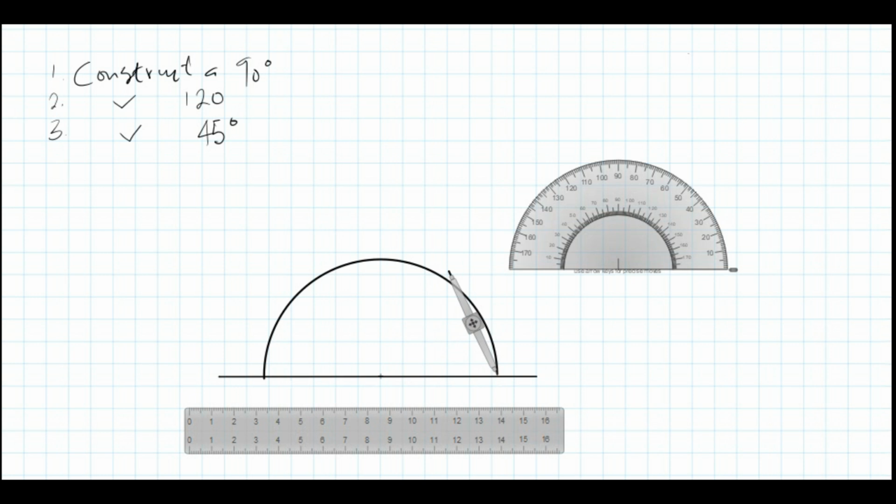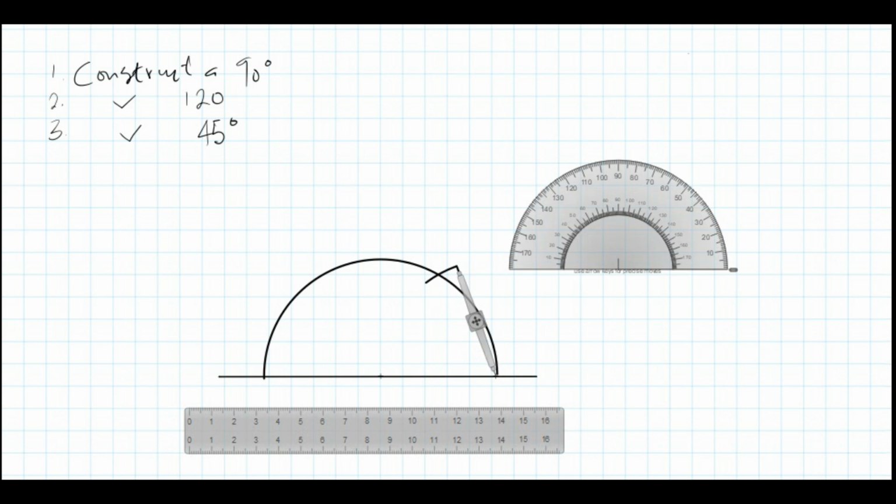We don't open or close our compass. It should be the same. Just leave it as it was when you were constructing the semicircle. And then you draw your little arc on the semicircle, just like that.